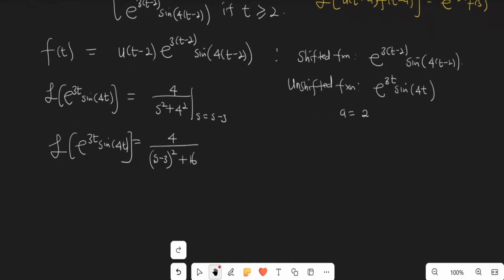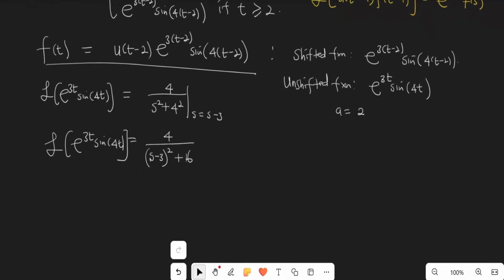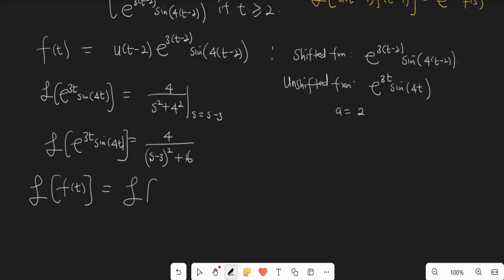Now that we have this, we can go ahead and take the Laplace transform of what we have. The Laplace transform of the function f of t is equal to the Laplace transform of u of t minus 2 times e to the 3 times t minus 2, and then sine of 4 times t minus 2.